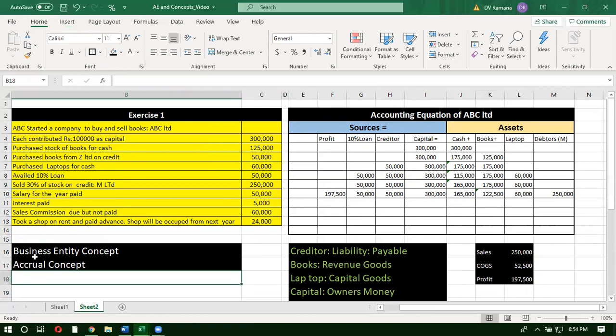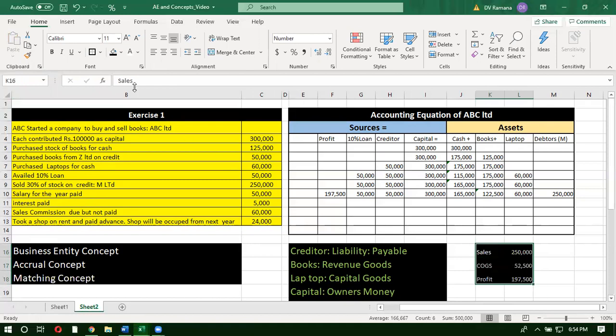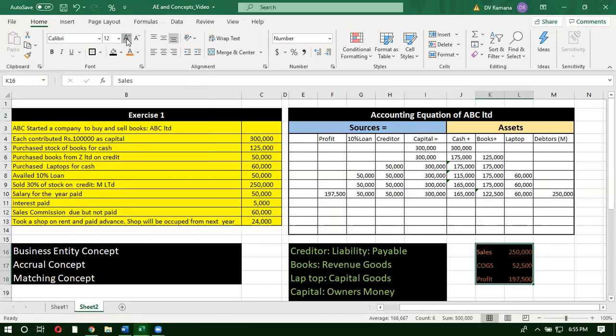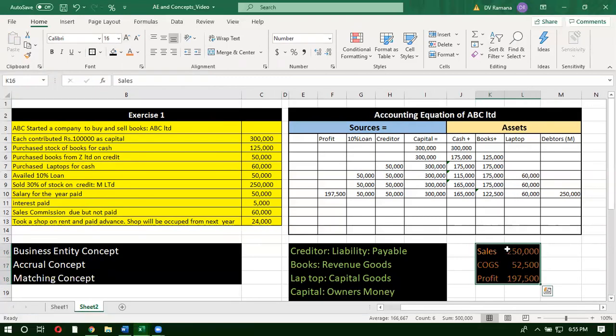So therefore, there is another important concept called the matching concept. The matching concept says profit should be determined by deducting from the revenue the corresponding cost. Here, we got 250,000 in sales, but this sales is from selling only 30% of the goods.